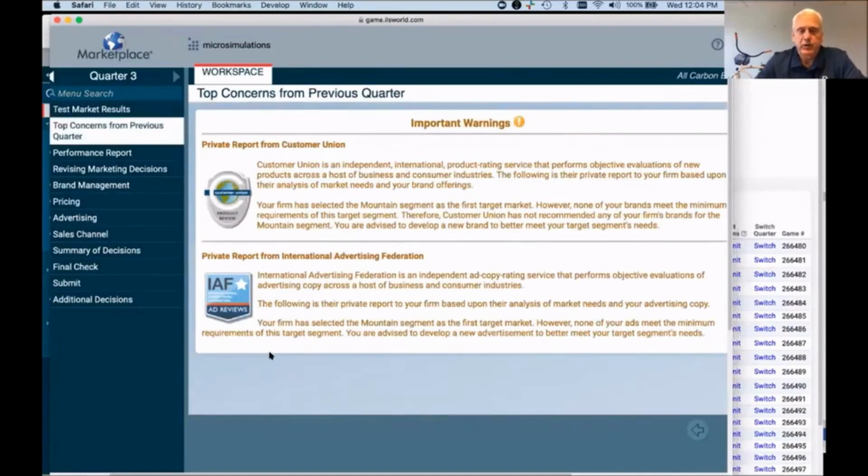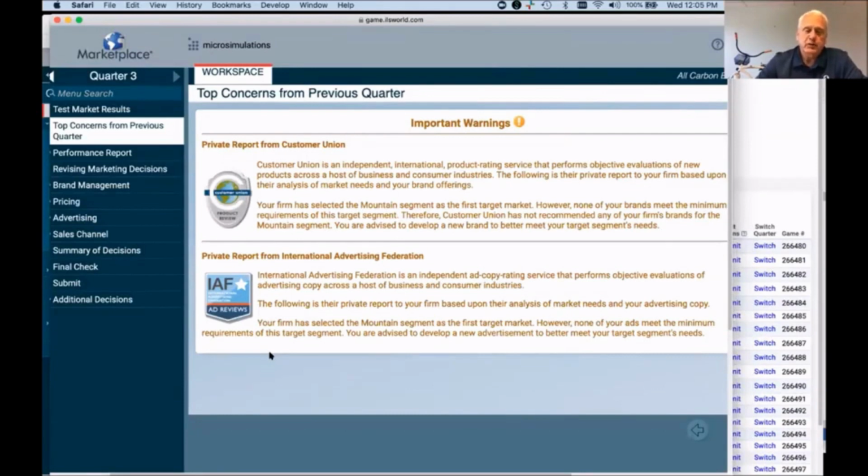The customer union says that I've targeted a mountain segment, but none of my brands meet the requirements. Now, the customer union is actually quite important because they will recommend any brand that meets their threshold, and without that recommendation, your demand is going to be less.